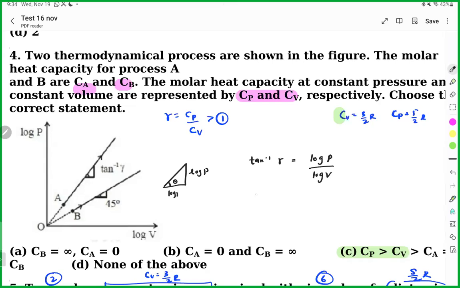So can we say कि gamma will be equal to theta, right? Because tan theta is equal to gamma, correct? And it will be equal to log P by log V according to the graph. And gamma value is always greater than 1, correct?